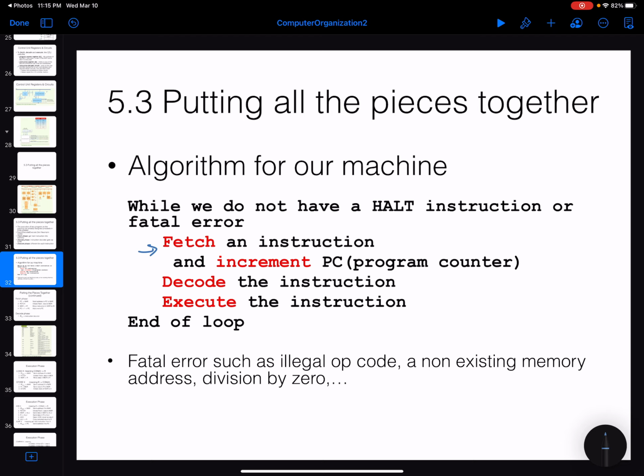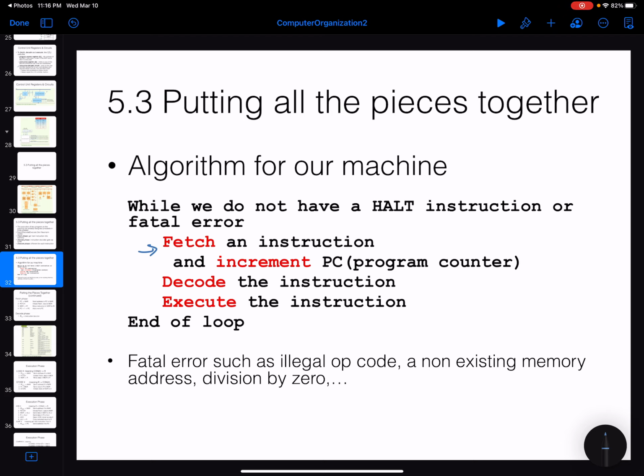Then we decode the instruction that has been fetched from the memory, and then we send out the proper signal and execute that instruction. Then you repeat, going back to the beginning if you haven't reached the halt. So again, fetch, decode, and execute.